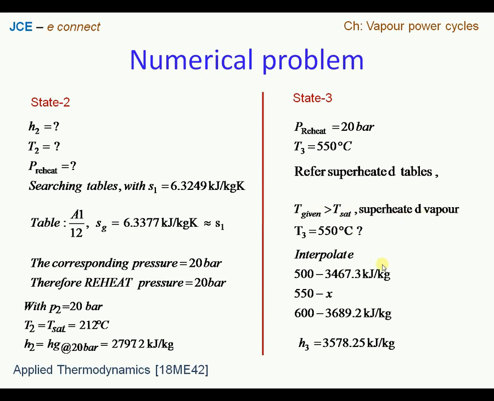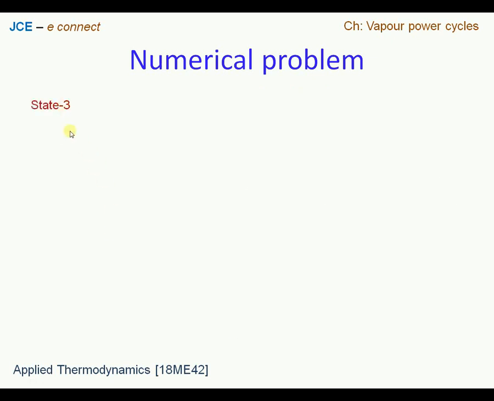So we see that the given temperature is greater than the saturation temperature, therefore it is in the superheated vapor region. So we had to refer to superheated tables, and 550 degrees Celsius corresponding data was not available. We had to interpolate and get the value. And we also proceed to find out the entropy at this state point. Let us now continue the problem at state point 3, referring to the superheated table and corresponding entropy values.